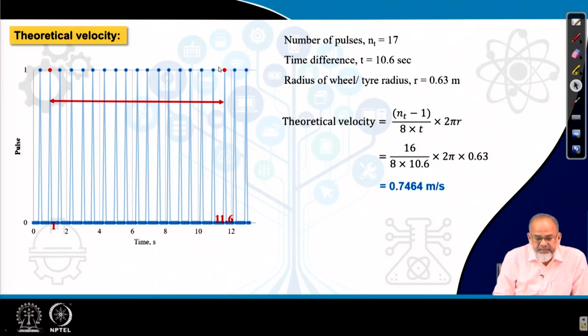So, 16 spikes. One spike I have not counted in the beginning, so 16 plus 1, 17. So, 17 minus 1 gives you 16 spikes, and in one revolution of the shaft there will be 8 spikes, so I have divided by 8.